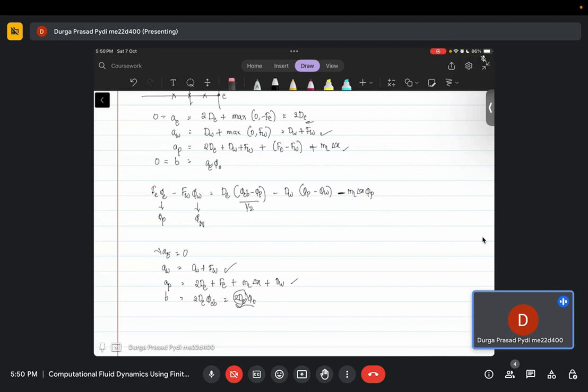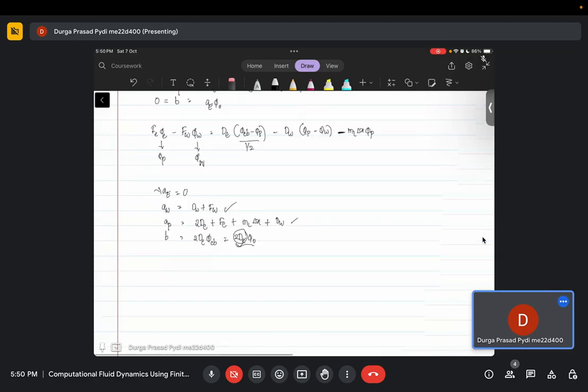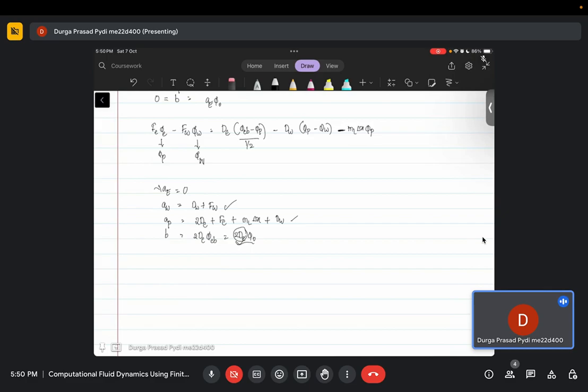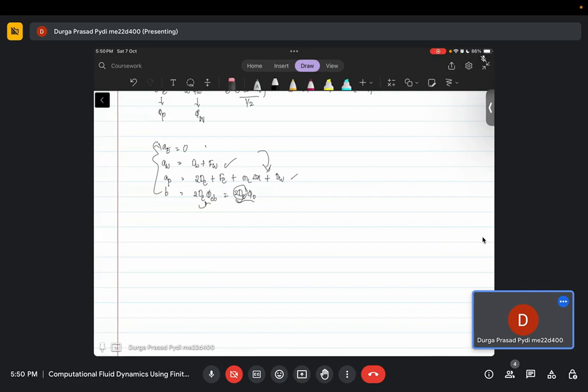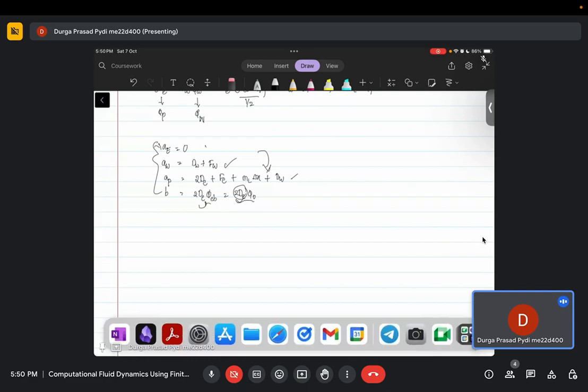Programmatically it is that way, but for your exam, you will be writing in this way. Your A is 0, whatever terms come here go into your AP term, and the constant goes into your B term. I think this is clear.